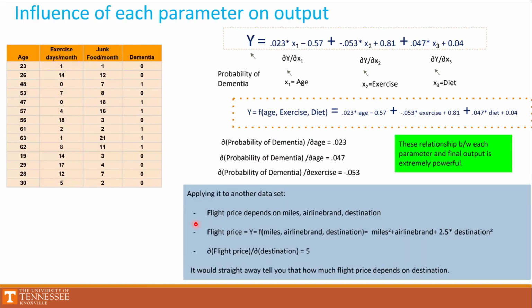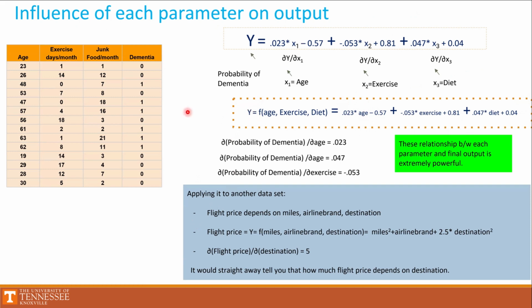Now, you see why I'm emphasizing this. Isn't it really great that you have a simple equation like this, and it could be n parameters, and you are able to tell from this simple equation the influence of one parameter on the final output value?